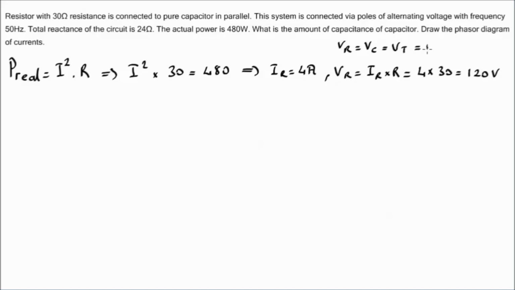That means they are all 120 volt. And Z equals V total over I total. That is given as 24, equal to V total 120 over I total. So I total is going to be 5 ampere.